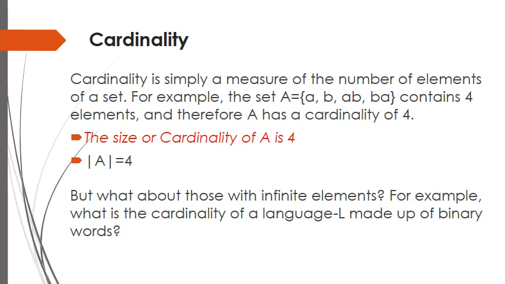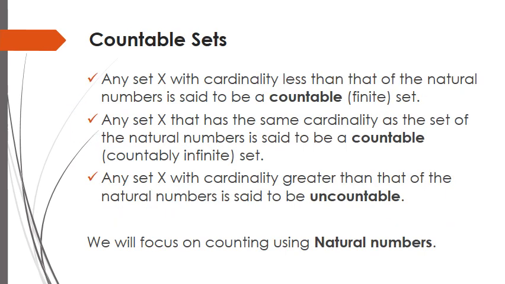But what about those with infinite elements? For example, what is the cardinality of a language L made up of binary words? Any set X with cardinality less than that of the natural numbers is said to be a countable or finite set.